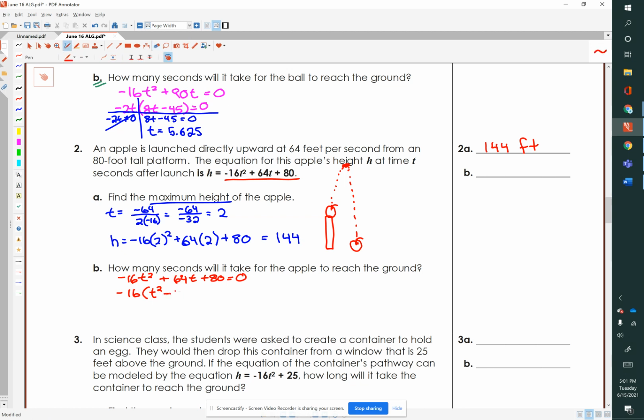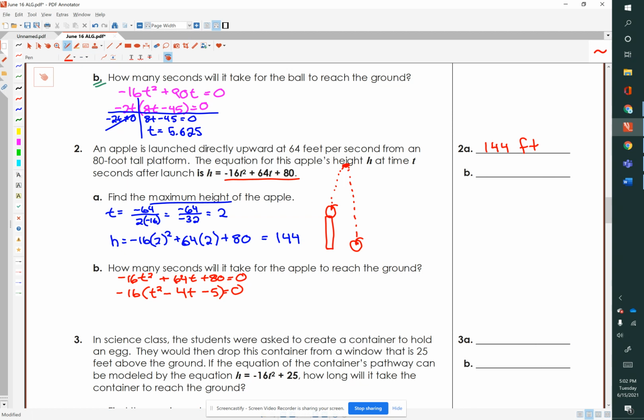So negative 16 times t squared minus 4t minus 5 equals 0. Okay, let's keep on working. So let's factor t squared minus 4t minus 5.